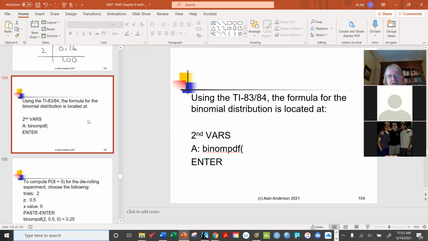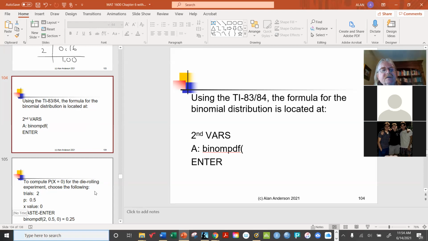So you scroll down until you find letter A, which at least on the 84, is called Binom PDF. And that stands for the binomial probability density function, which is a fancy way of saying this is the formula for calculating binomial probabilities. So then you hit the enter button and you'll notice that it's asking you for information.